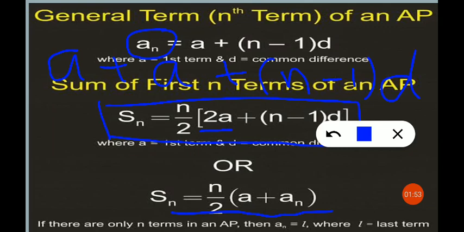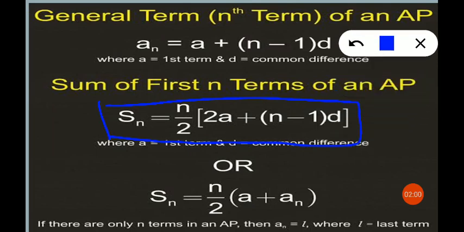So there are two formulas for Sn, that is the sum of terms. The first formula is n/2 [2a + (n - 1)d], and the second formula is Sn = n/2 (a + an).